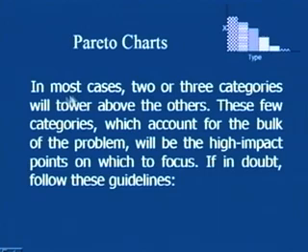The first is that in most cases 2 or 3 categories will tower above the others. These few categories which account for the bulk of the problem will be the high impact points on which we need to focus. When only 2 or 3 categories amount to approximately 80%, those are the vital categories.